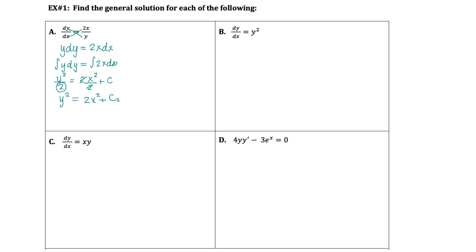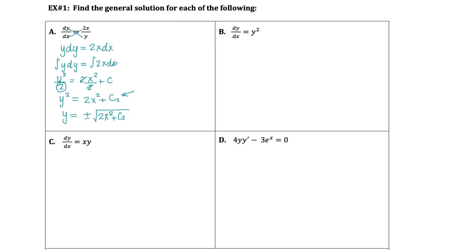And then you would take the square root of both sides, so y would equal plus or minus the square root of 2x squared plus your constant value c. Or you could just leave it the way it is up here.